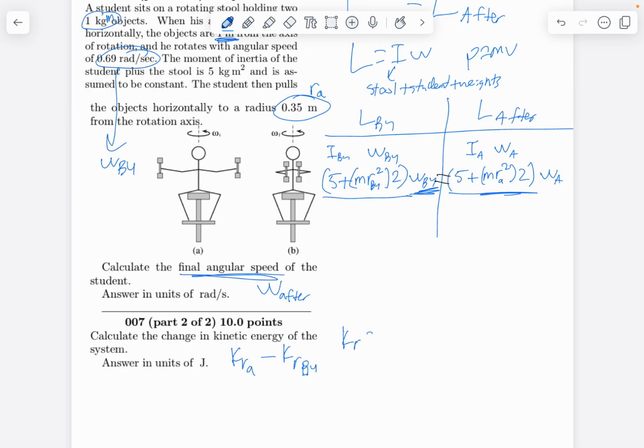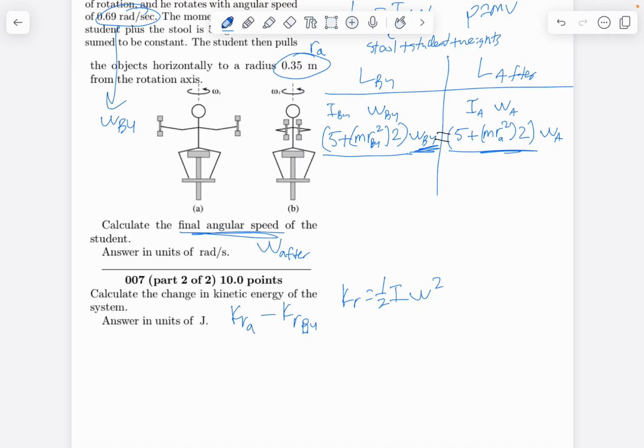So rotational kinetic energy is 1/2 I omega squared. You know your I's, before and after. You just found your angular velocity after, and they give you the angular velocity before. So then you'll just put it into the equation.